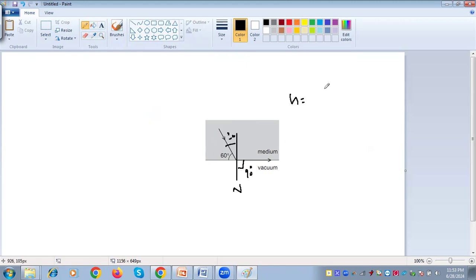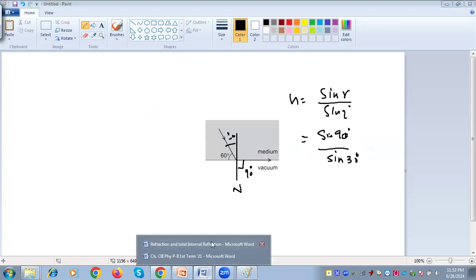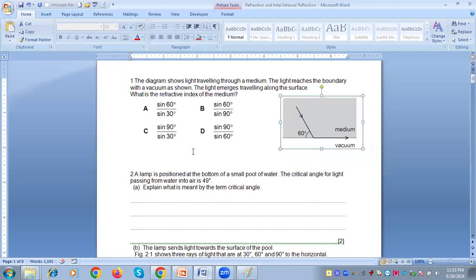And n equals sine R over sine I. Why? Angle in lighter medium divided by angle in denser medium. So sine 90 divided by sine 30. So this is the answer. So what answer will it be? C, sine 90 over sine 30.